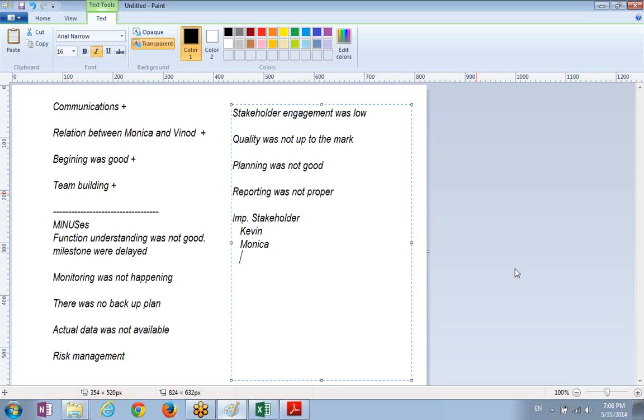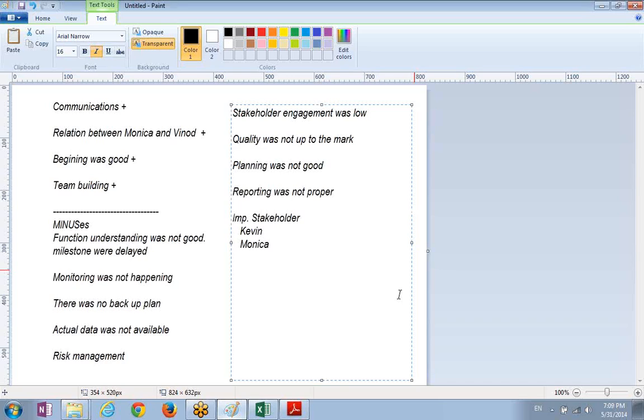What is the degree of impact on the project? High level. Very high impact. It should be 25%, you can assume.